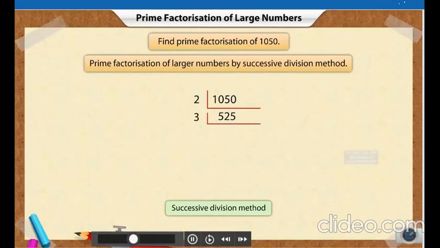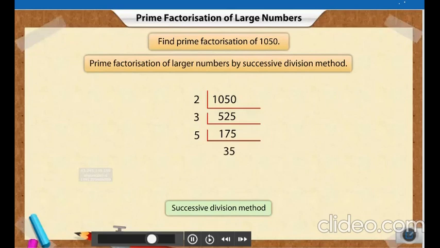On dividing 525 by 3, we get 175. Next, find a prime number that divides the new quotient 175. By using the divisibility rule of 5, you can see that 175 is divisible by the prime number 5. On dividing 175 by 5, we get 35.